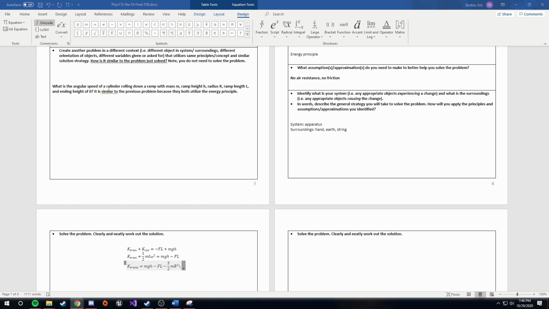There was one problem that was a yo-yo problem. I'm trying to find it. For the following yo-yo, they use a point particle system.